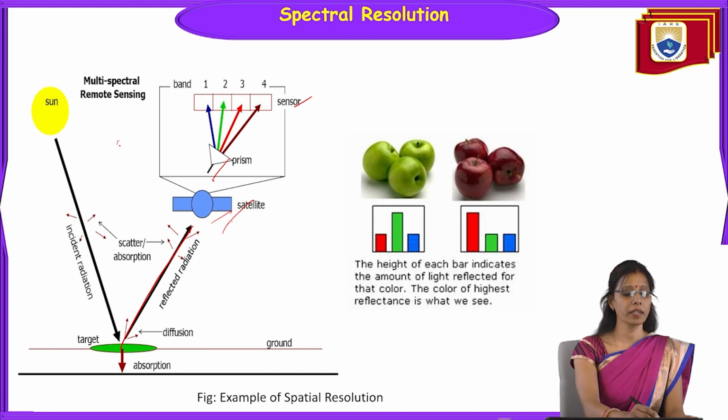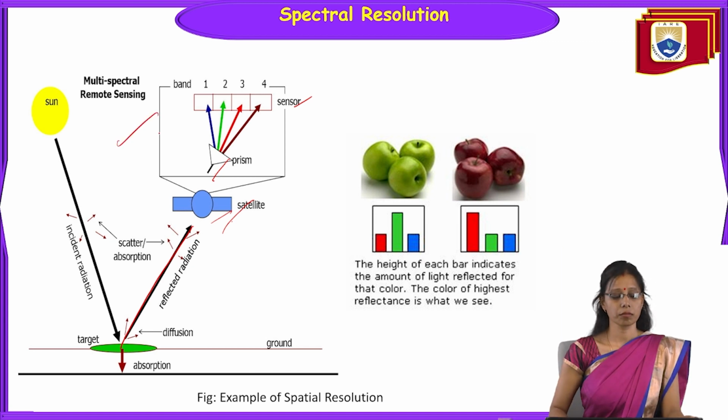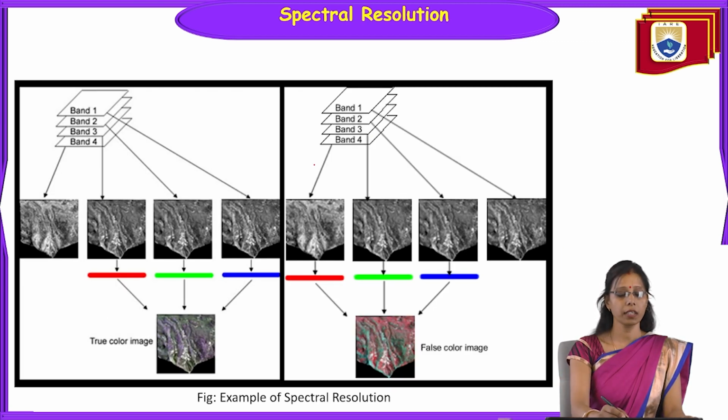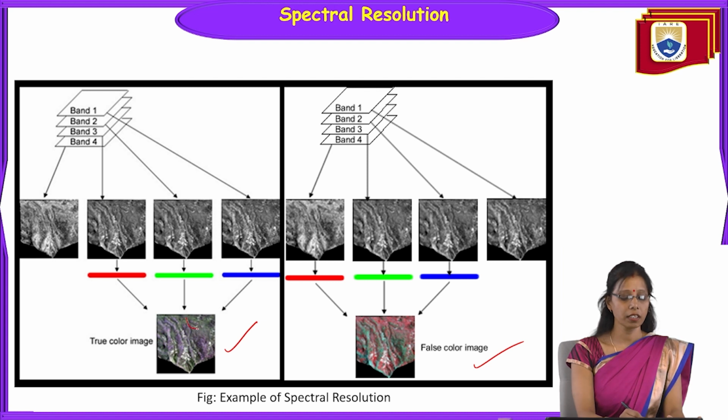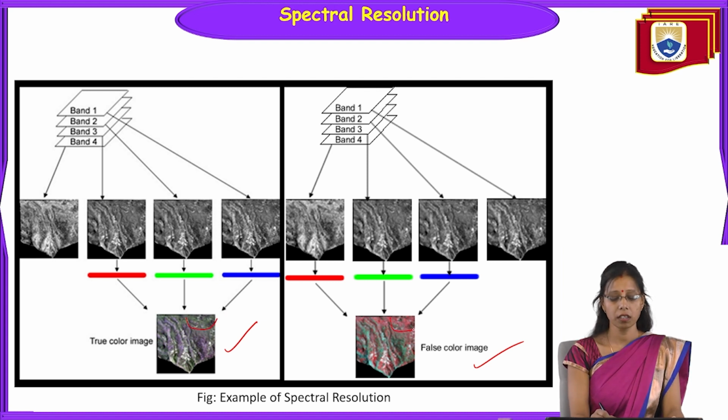So this is multispectral remote sensing. Like this we have a false color image and a true color image. True color image means the actual image as it looks. False color image means the wrong imagery. Here vegetation is in green color, and here vegetation is in red color. This is called false color, and this is called true color. It gives us the information in 4 bands.